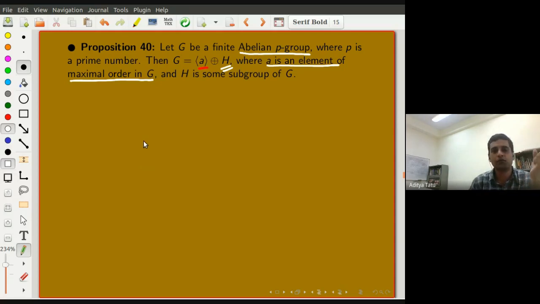Before we look at the proof, what happens if we recursively use this?